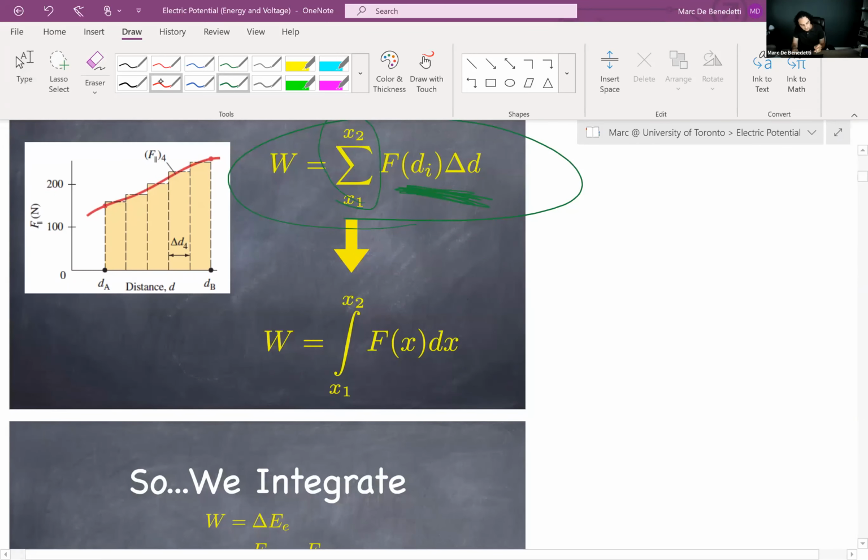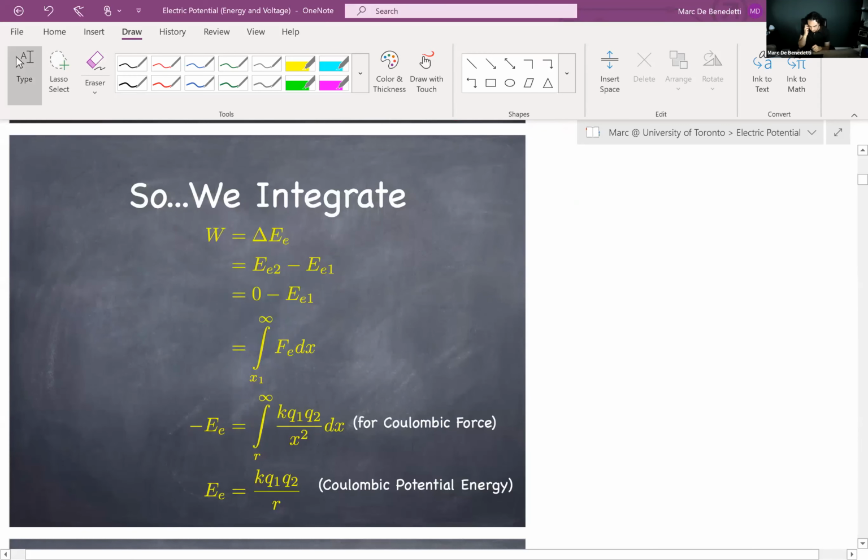And this is actually the real definition of work done due to a particular force. So what does that tell us? If we have a non-constant force, we can't simply just multiply by d. We have to integrate. So here, without really dwelling on the details, we have a Coulombic force, I might add. If we have a Coulombic force, we have k q1 q2 over r squared.